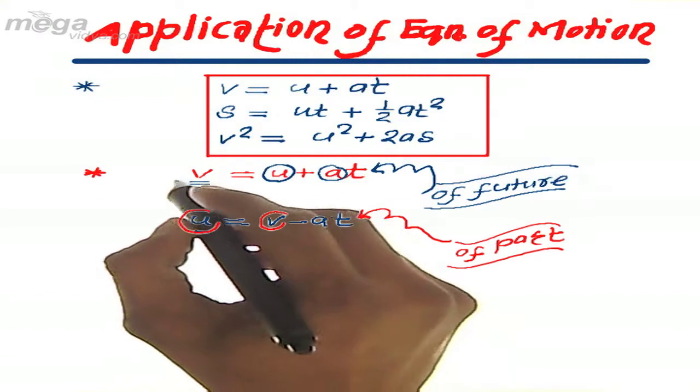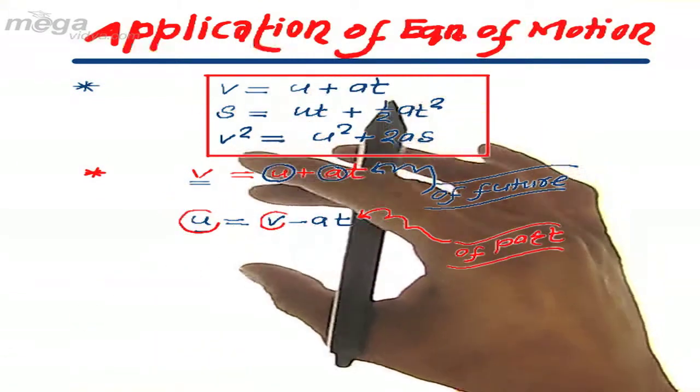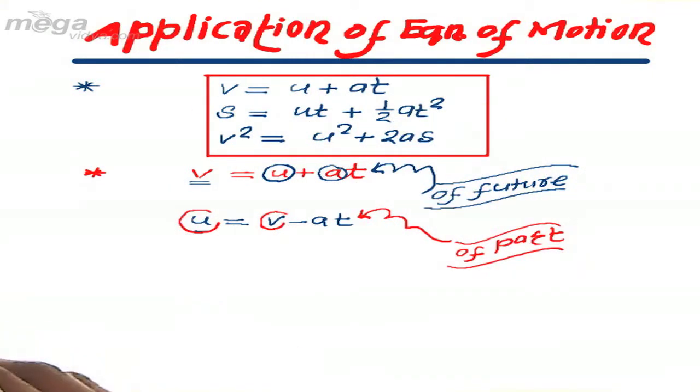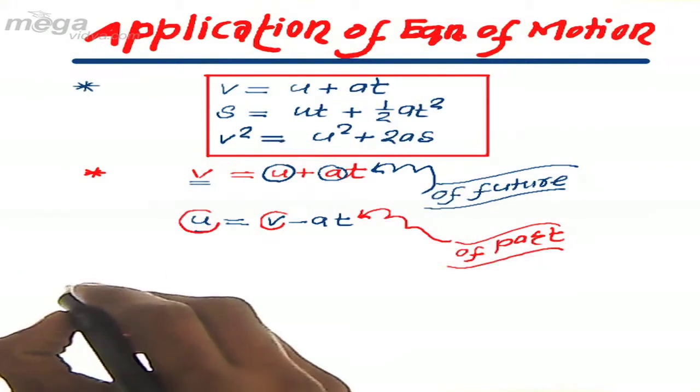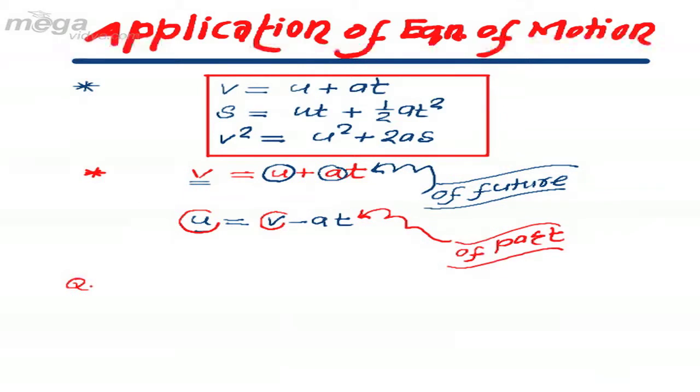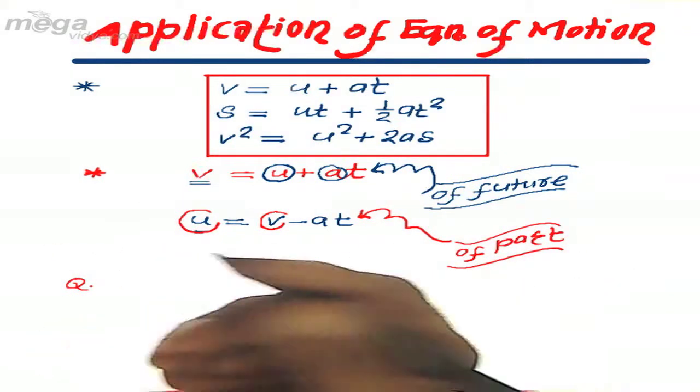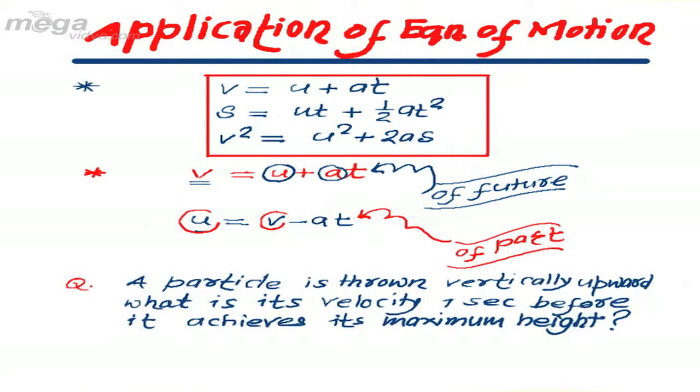Now using these two equations in these two forms, you can achieve many conclusions. Just consider an example, a simple one. My question is: a particle is thrown vertically upward. What is its velocity 1 second before it reaches its maximum height?